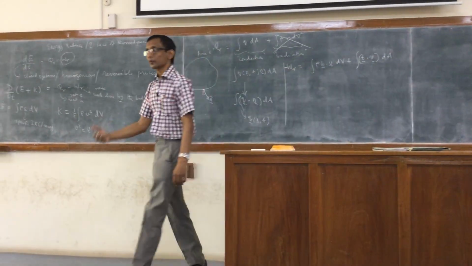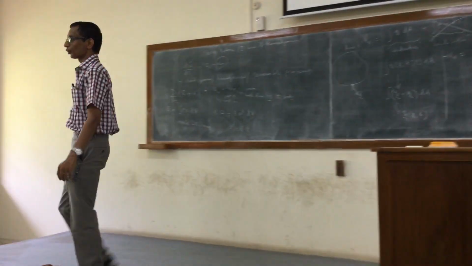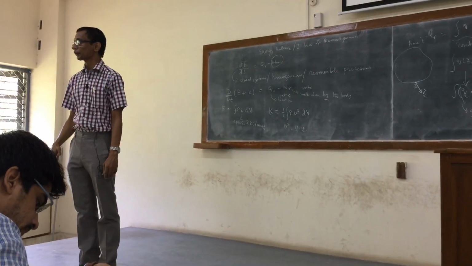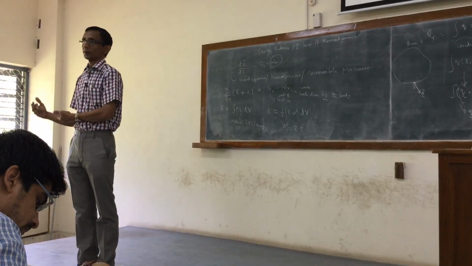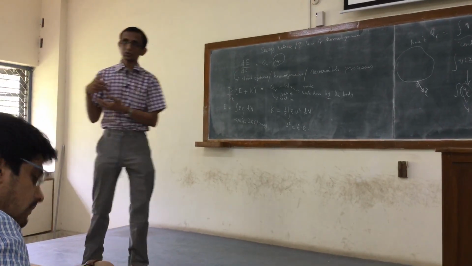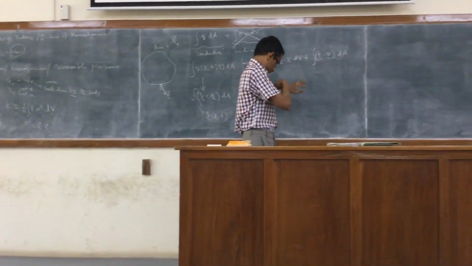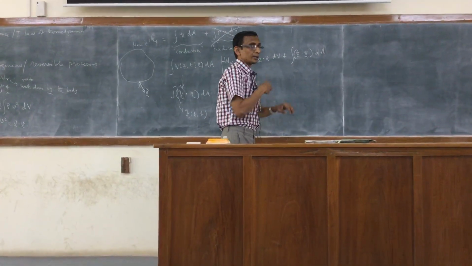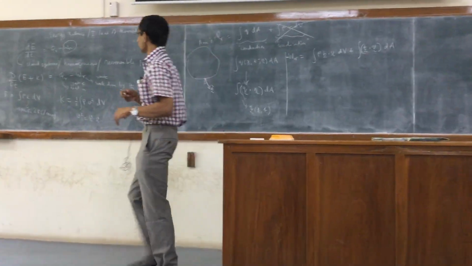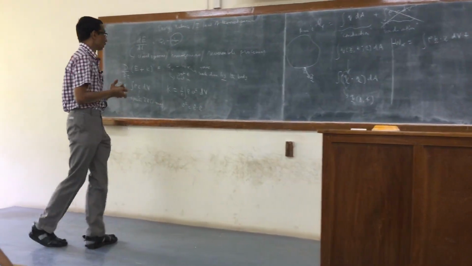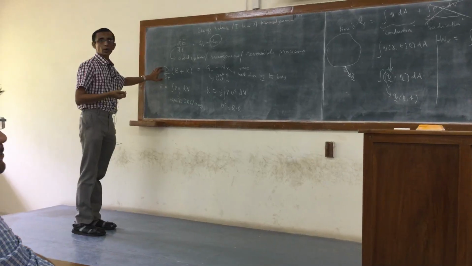The work transfer also has two kinds of sources, one coming out of the contact force, which is transmitted across the surface, and the other coming out of the body force. Right? So with this, we can put together the basic overall balance.